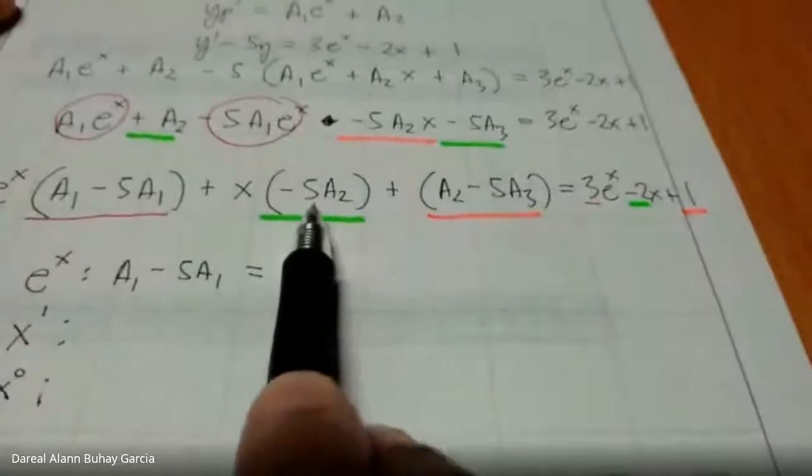a1 minus 5a1 is equal to 3. Negative 5a2 is equal to negative 2. a2 minus 5a3 is equal to 1.